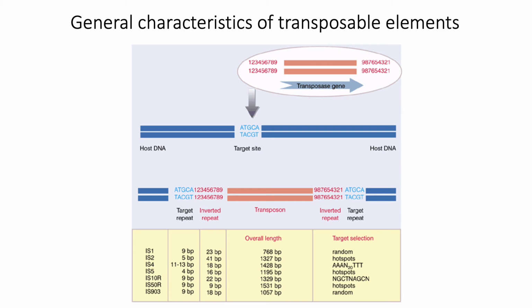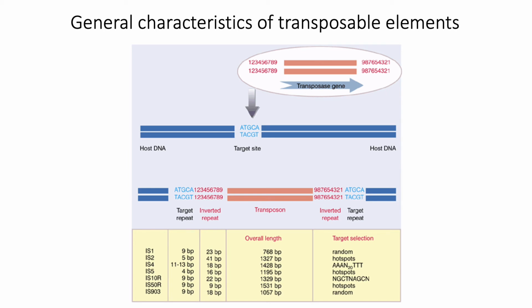So when the element is integrated into the host genome, it duplicates a short region of the host chromosome. And this is shown in the middle of the double blue line. A small region, in this case of 5 bases, is duplicated when the transposon is integrated into it.